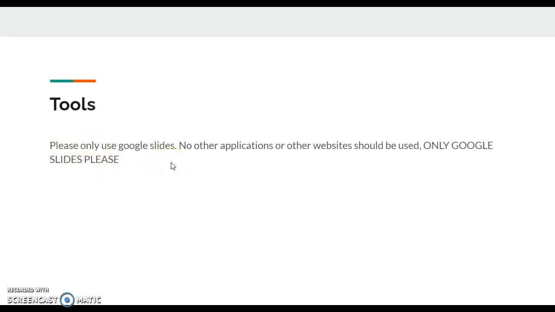So I don't want you guys using PowerPoint, or Microsoft, or any other kind of slideshow presentation of some sort. Only go with Google Slides. I know there's a whole bunch of other ones out there, but Google Slides is easiest to use.